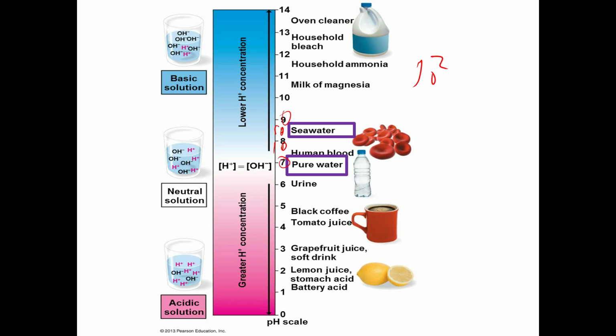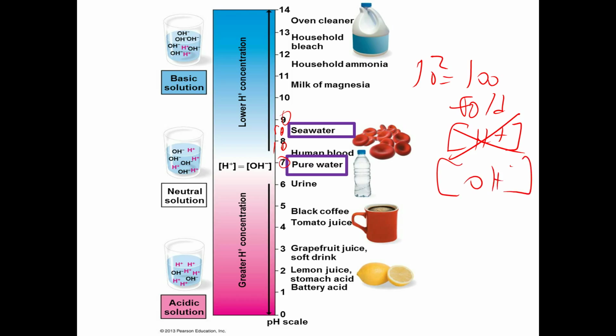So 10 squared, which gives you 100-fold. In this case, you have a 100-fold increase, not in protons, but in OH groups, hydroxyl ions.